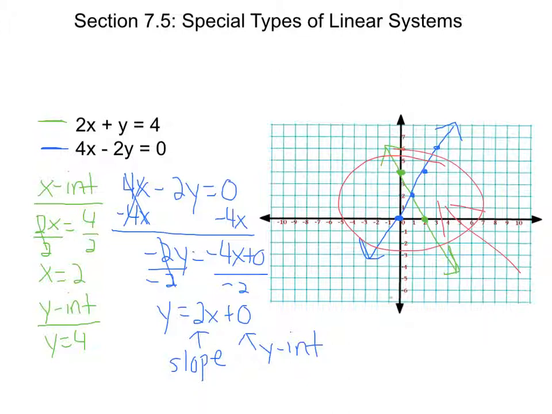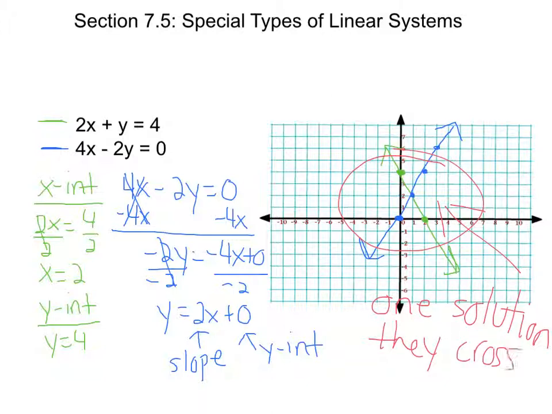So we have one solution because they intersect, they cross. Okay? So that's one type of linear system that we've already talked about.